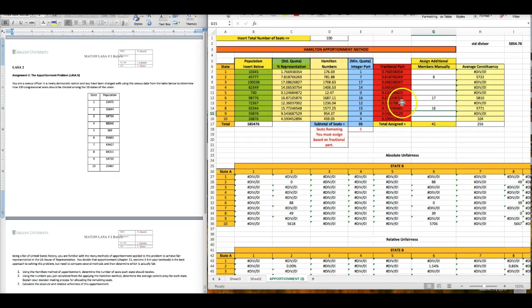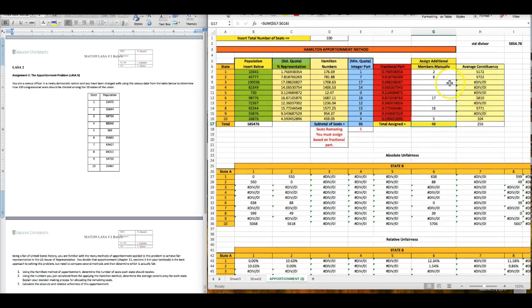After that, of course, this 0.7669 number, next largest one, so they get an additional representative. And now the last one, I believe, is this one here, okay? So the 0.5904, so they should get an extra representative, okay?